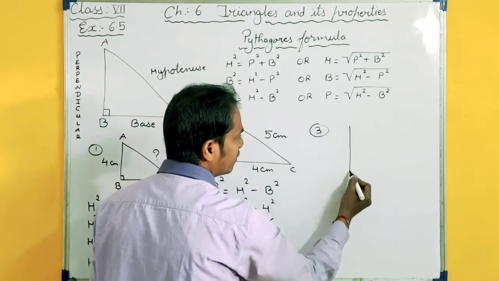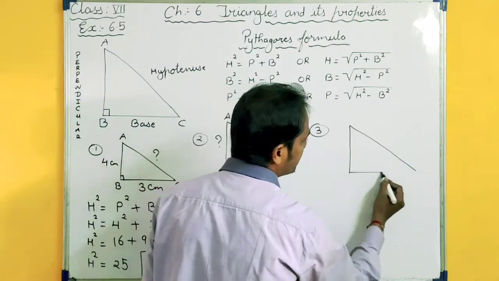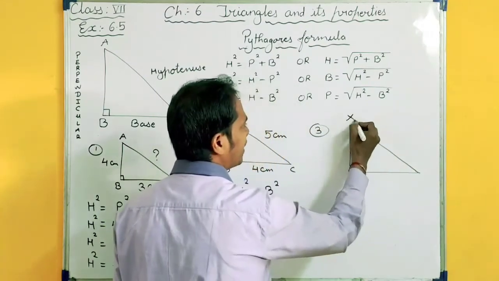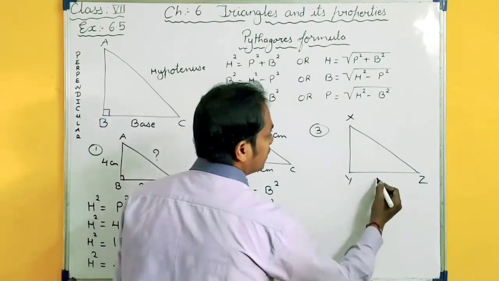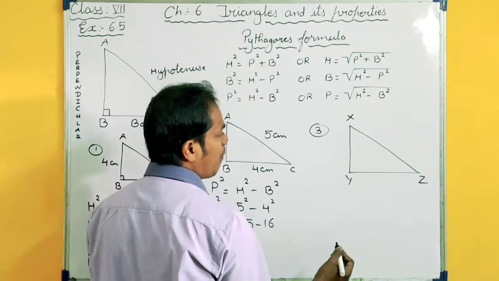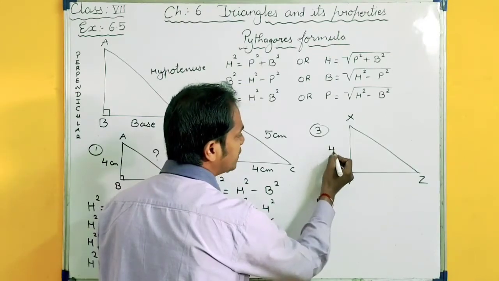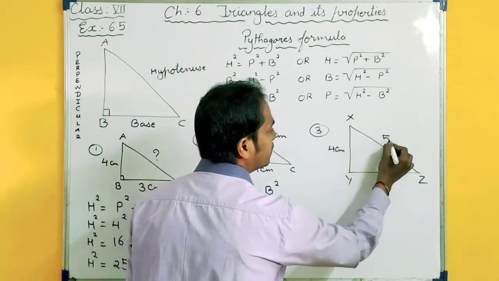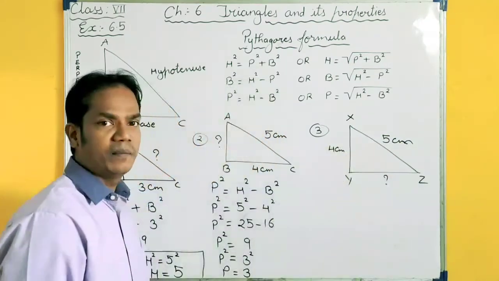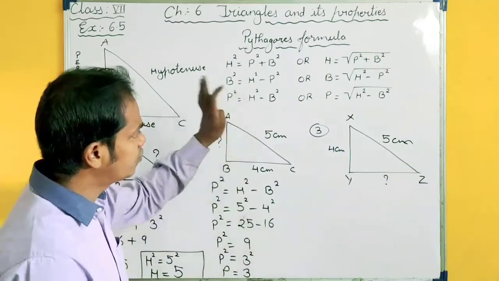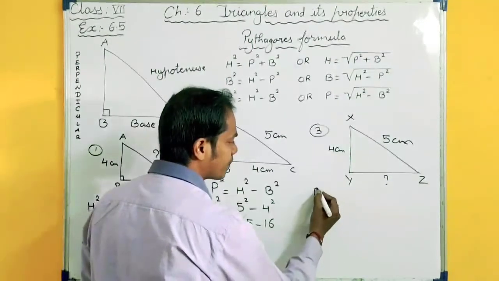Same way, I am using the same digits. You can write anything, X, Y, Z. Suppose now this is 4 centimeter, this is 5 centimeter. Now what do you have to find? You have to find base. Same way you will use the formula of base.